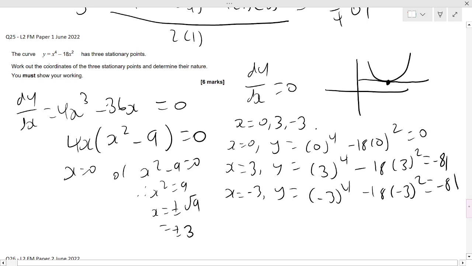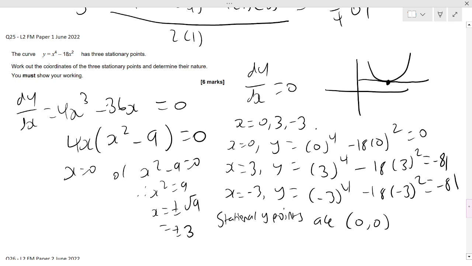Because you're basically squaring, and if you square a negative, you get positive, so it'd be the same coordinate, but you can just put it into your calculator. So we have our points, so therefore the stationary points are x is 0 and y is 0, the origin, I guess. Then when x is 3, y is minus 81, and same for minus 3, minus 81.